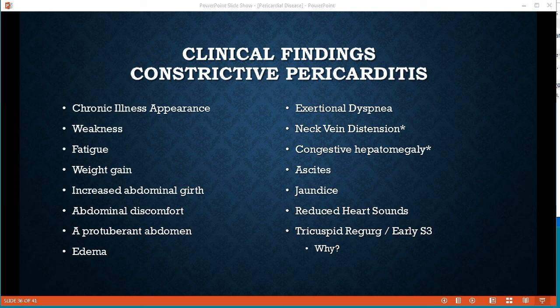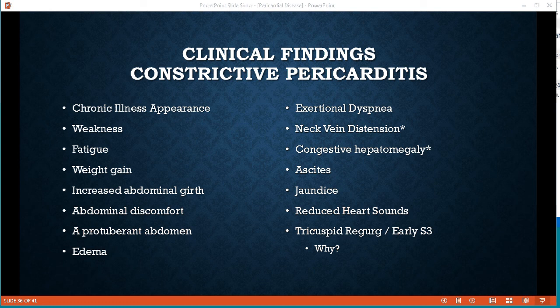And I put on the bottom tricuspid regurg and an early S3. And I would say, why is that? Because with that abrupt cessation of fluid, you're going to have some backflow into the tricuspid valve. Initially, you may not hear that evidence of tricuspid regurgitation, but eventually you will start to hear that as you have weakening of that valve, and you're going to see some backflow.